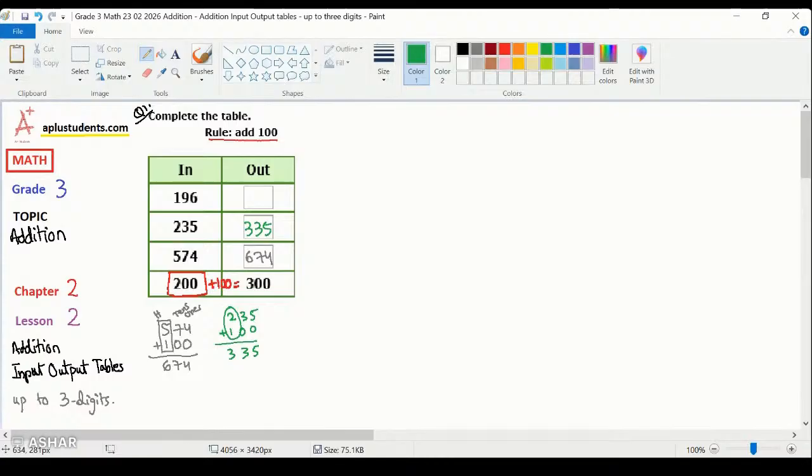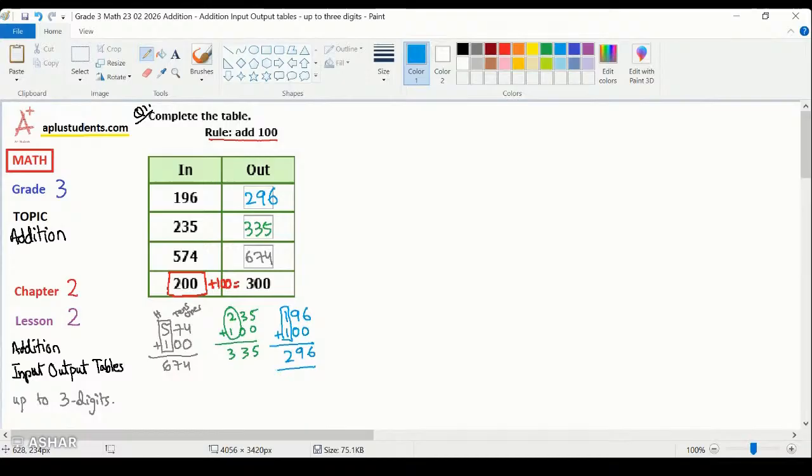And 196 plus 100 would not change the ones or tens. Only the hundreds will increase by 1. That means it becomes 296. Okay?